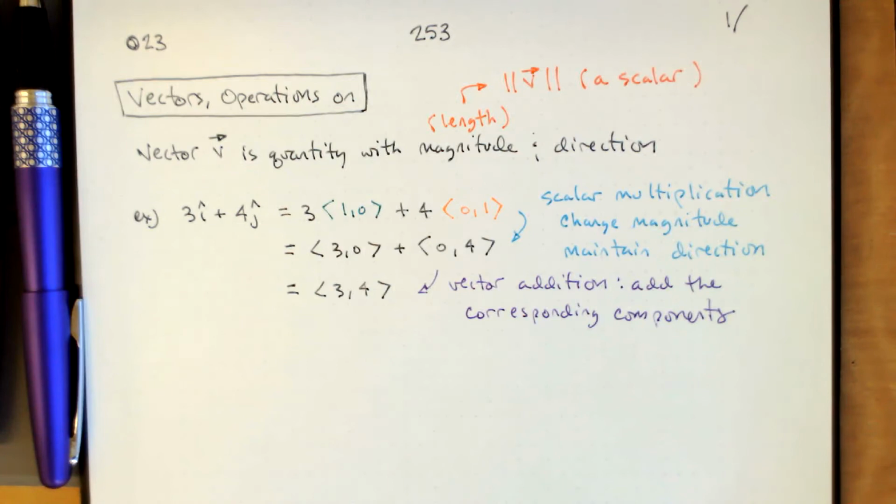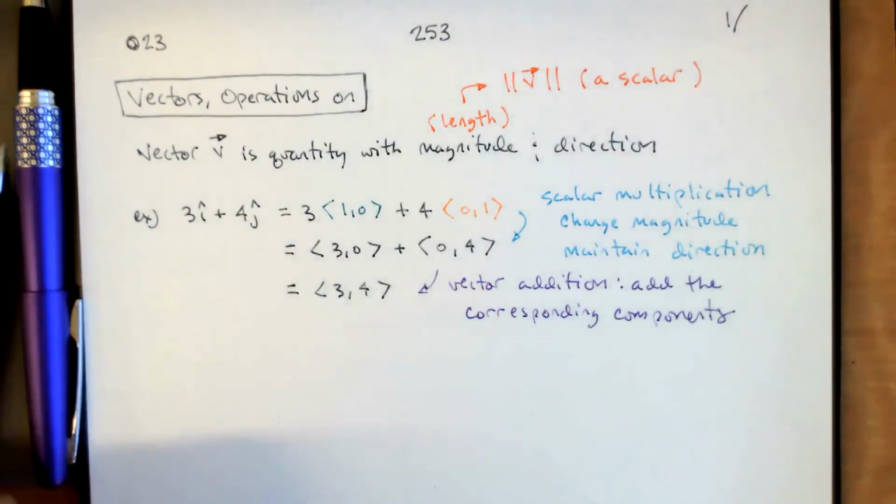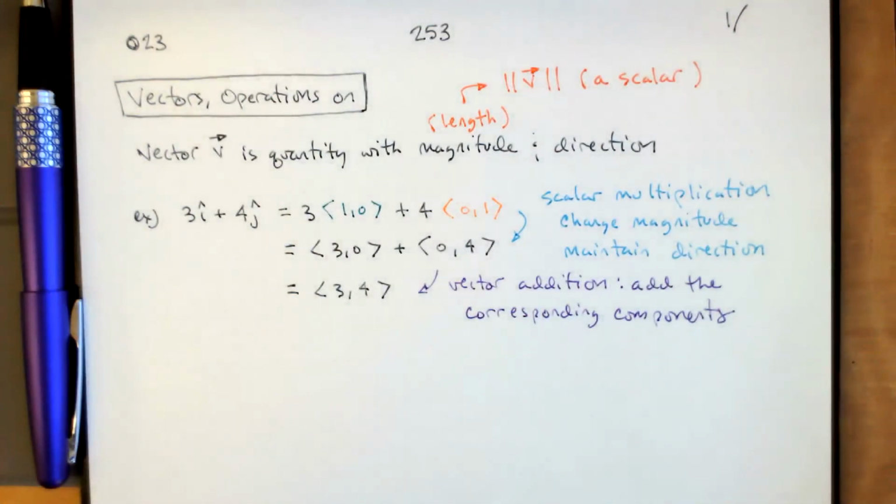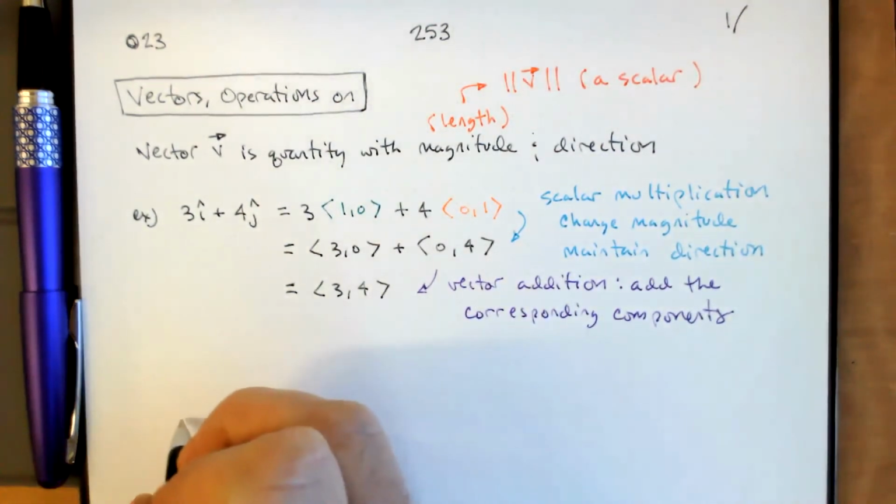Scalar multiplication takes a vector and stretches it, scales it up or down. So we started with the vector 1, 0, and we multiplied by 3.